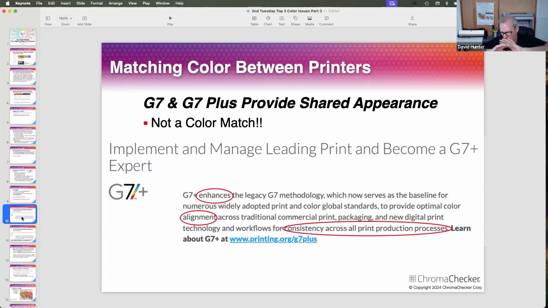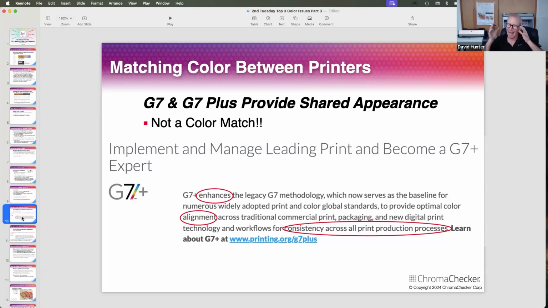G7 has helped provide a shared visual appearance internationally, which has never been done before. Fantastic breakthrough. But it says, to provide optimal color alignment across traditional print, packaging, and new print technologies workflow for consistency across all print processes.